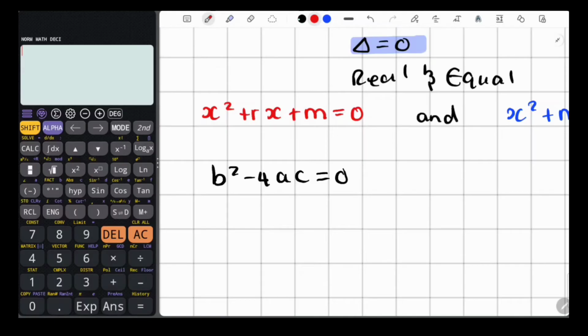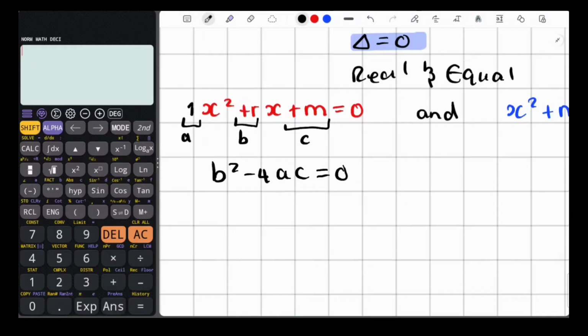So the coefficient of x would be positive r. Our a would be the coefficient of x squared, which in this case would be our invisible positive 1. And our c is just the only term without x in it, so we have positive m. So this is a, this is c.